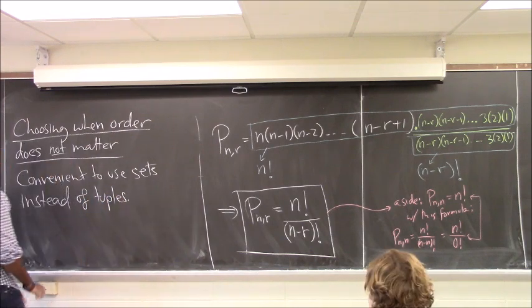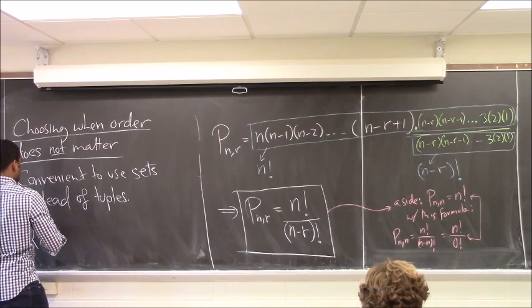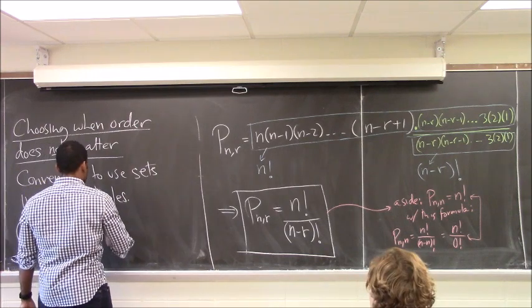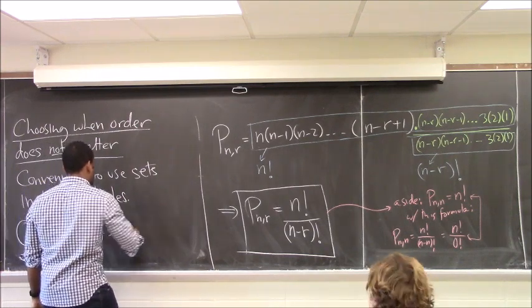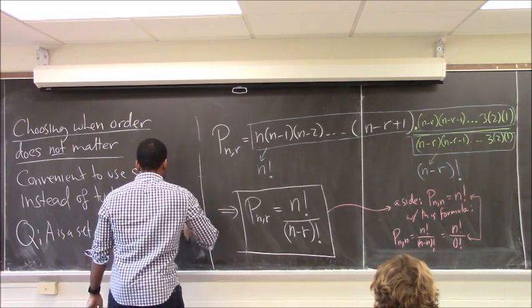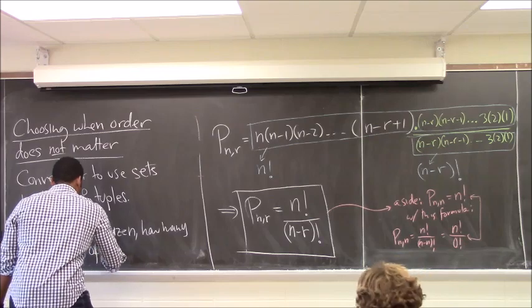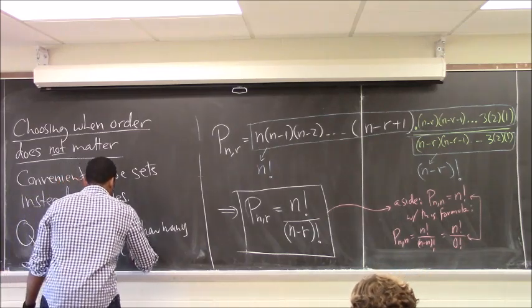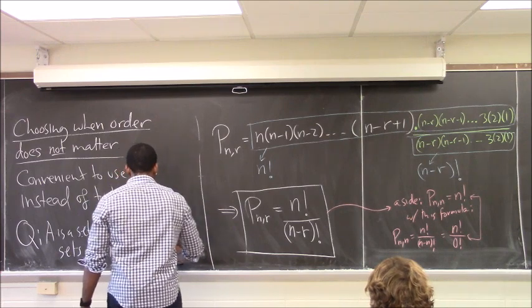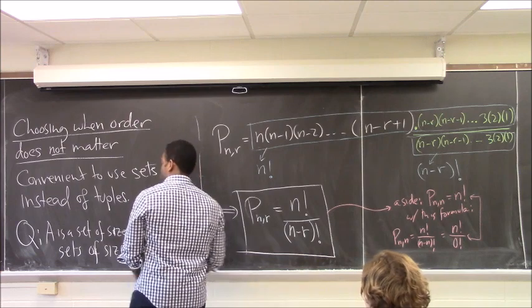So now, let's consider this question. If A is a set of size n, how many sets of size r can we create, where r is less than or equal to n?